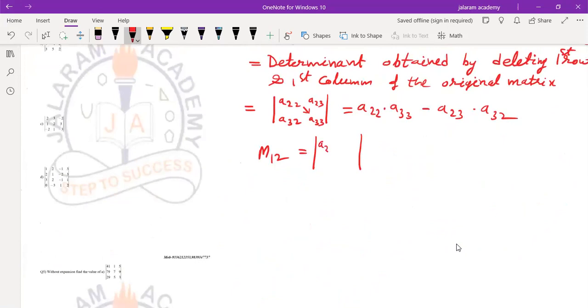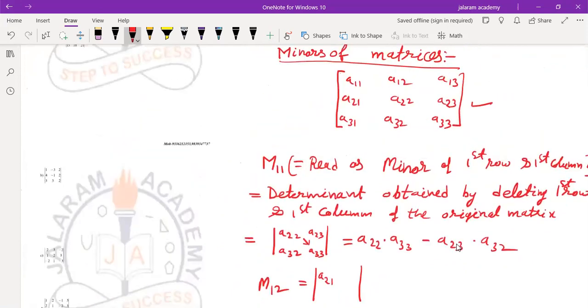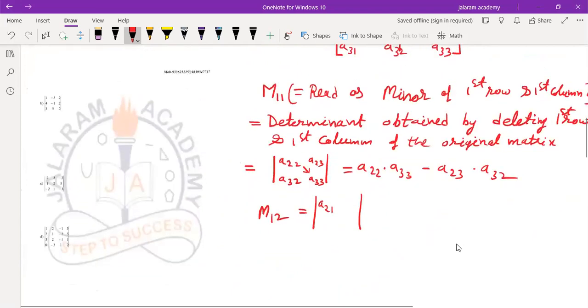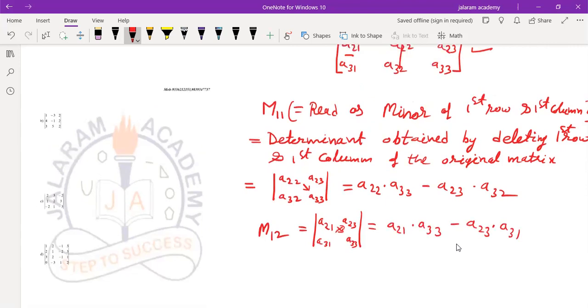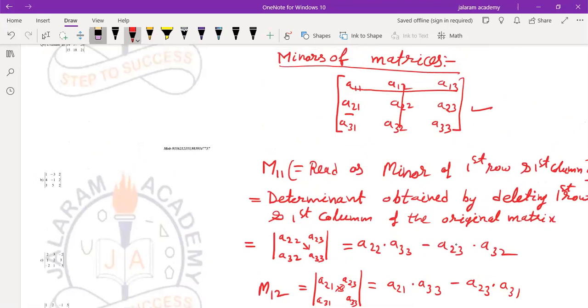First row is deleted, second column is deleted: A21, A23, A31, A33. And it can be obtained by cross multiplication only. That is A21 into A33 minus A23 into A31.